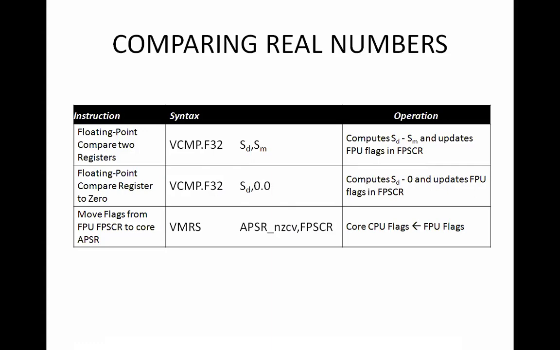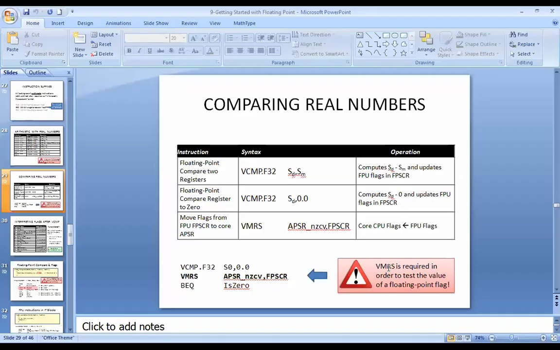That is your APSR, and FPSCR is the floating point status register. This is the important thing that we need to look into. Now, let us get into the program, and we will see how it executes.